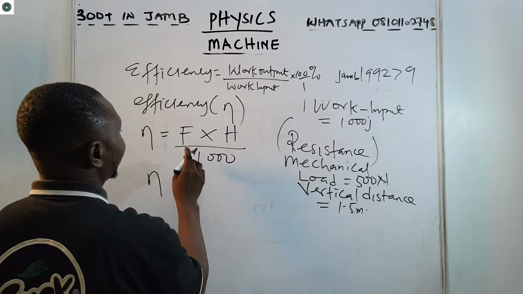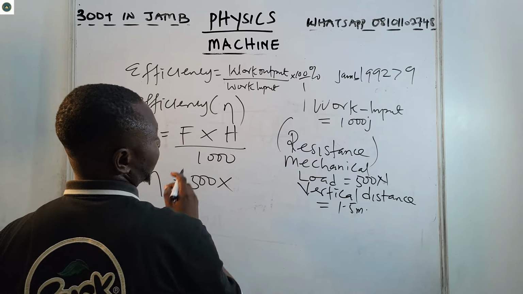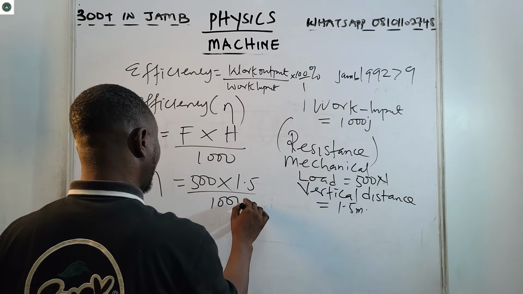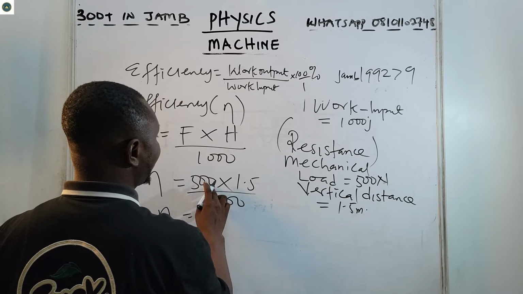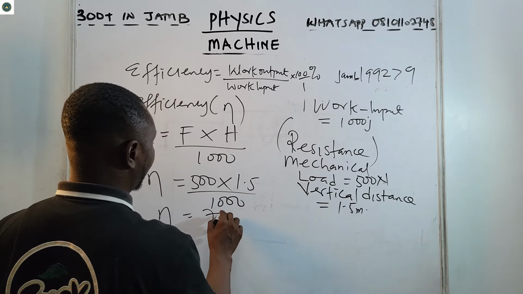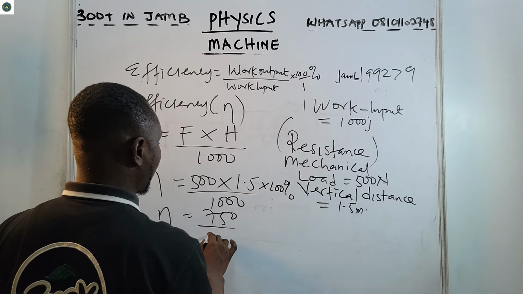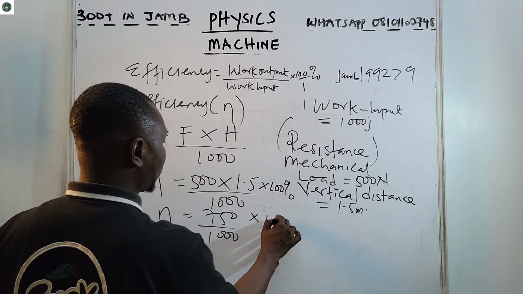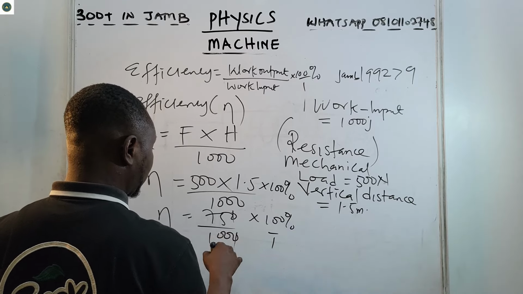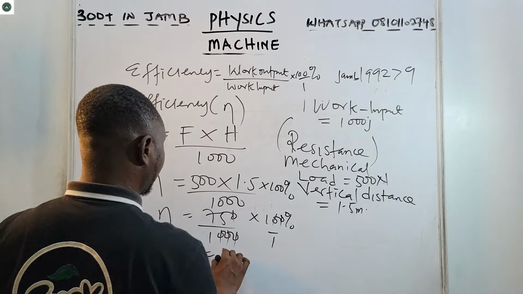So efficiency is force 500 times 1.5 over 1,000. Now 500 times 1.5 is 750. Times 100% over 1. So 0 will cancel 0, 0 cancels 0. So the efficiency is 75%.